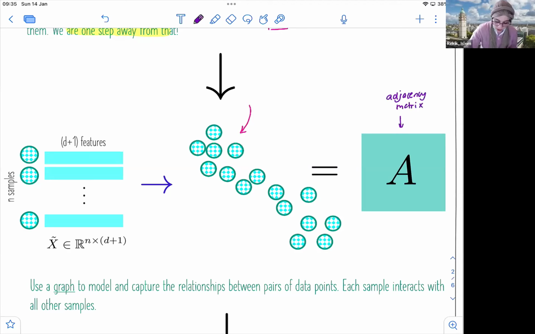So here we have all our training points. Okay, so if we have n points, we will have an n by n matrix. And this matrix represents or encodes the interaction between all points.